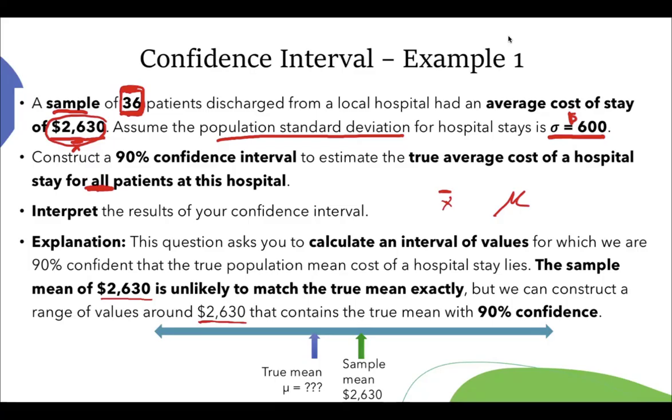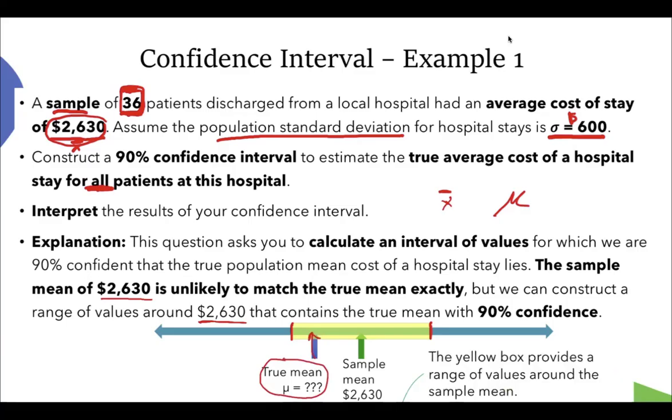Now around that sample mean, we're going to build an interval. The interval is going to have a low and a high, and we are hoping that the interval captures what the true mean actually is. The yellow box provides a range of values around the sample mean. So our sample mean is our point estimate, and the interval is the range of values around the point estimate.